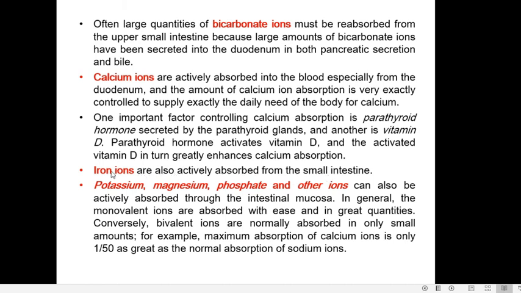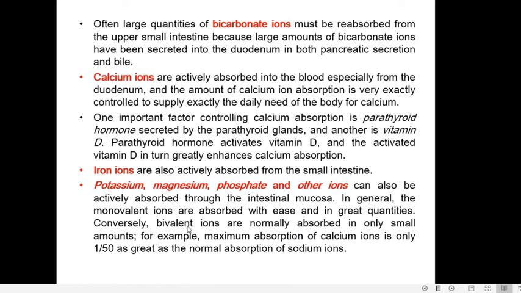Along with these ions, iron is also absorbed in the small intestine, and ions such as potassium, magnesium and phosphate are also actively absorbed through the intestinal mucosa depending upon our bodily needs. When we examine, we can see that monovalent ions are absorbed more easily than polyvalent or bivalent ions.